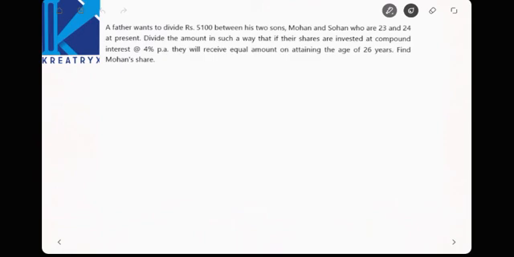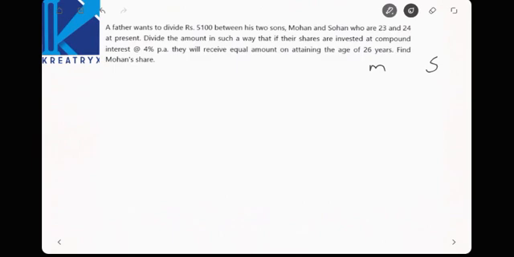You have to find out Mohan's share. Similar case, right? See here, total amount is 5100. Let us consider Mohan's share as m, Sohan's share as s. His father divided 5100 into m and s.